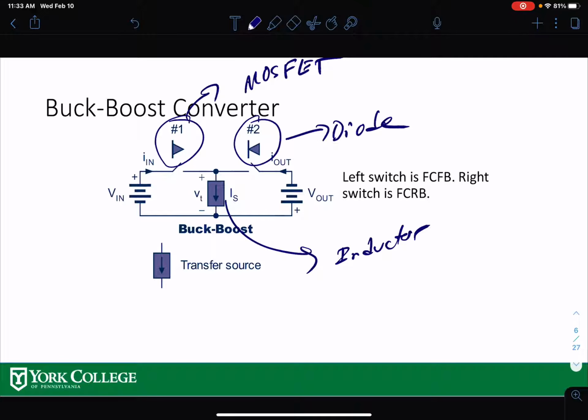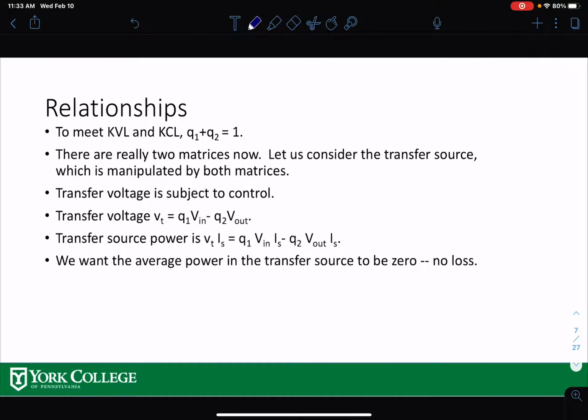And to keep the voltage constant over here, I can use a capacitor too. So that is your boost converter. Now if I draw it with the circuit elements, that's your buck boost converter.